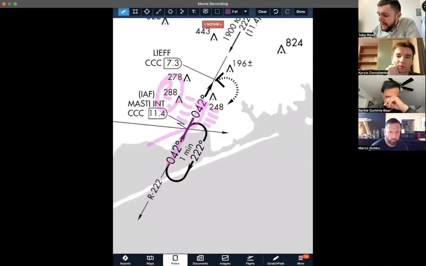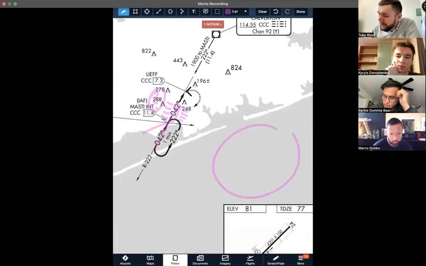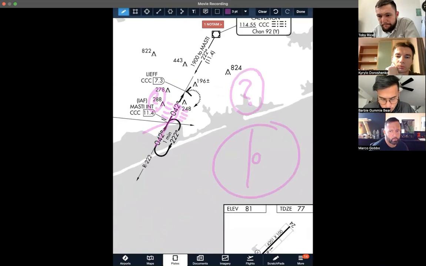Think about it. Anytime the VOR needle is not perfectly centered, you're always a little bit unsure of what's happening. Would you agree with that? It's very simple, just psychology. We want the needle nice and centered.